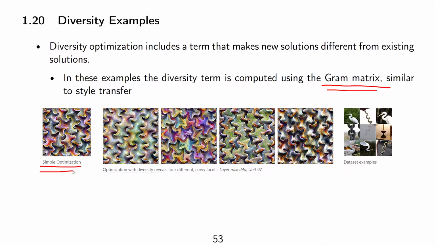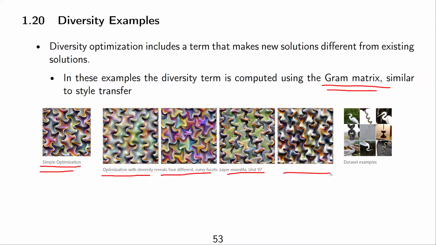A single optimization example is shown to the left, where we just optimize an input image to maximize a given activation. And then in the middle, there's the idea to have 4 different visualizations that better visualize the diversity of examples that excite the given activation.